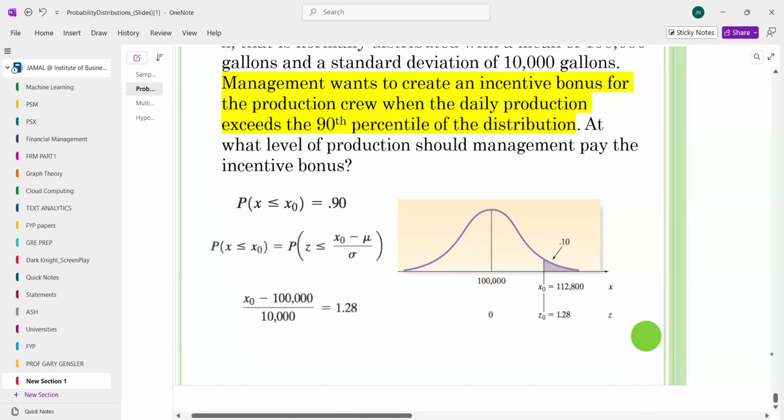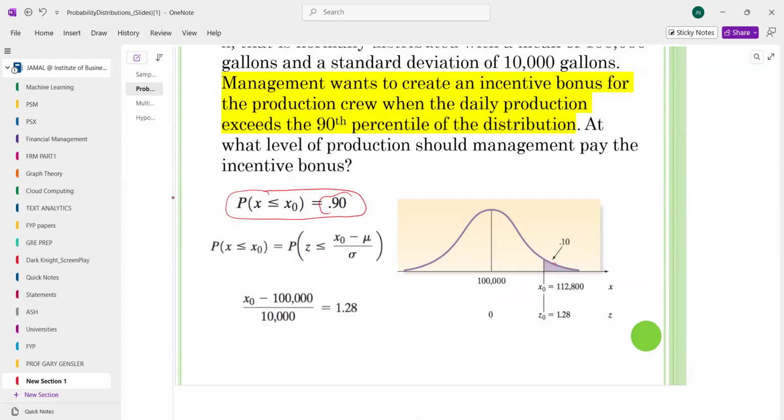And similarly for this one, we have a 90th percentile. So you're trying to find the values in this area. I think there can be a better way to solve this. The question is saying the visual is already given.